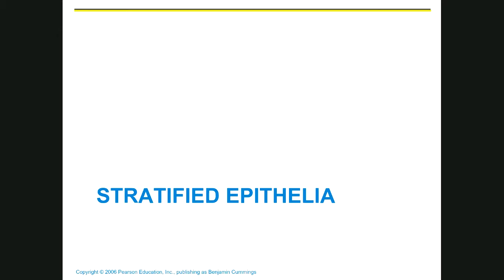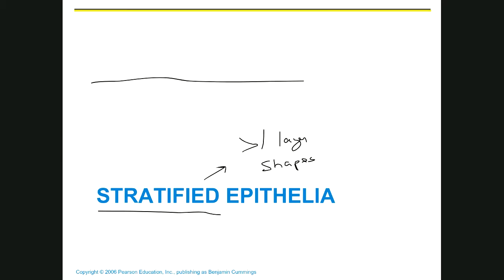So remember what stratified means. All it means is there's more than one layer between the basement membrane and the apical surface, more than one layer. But remember, not only do we count layers, we're going to look at the shapes of the cells as well. But there's a problem with stratified epithelia because the cells at the bottom don't necessarily look like the ones at the top.